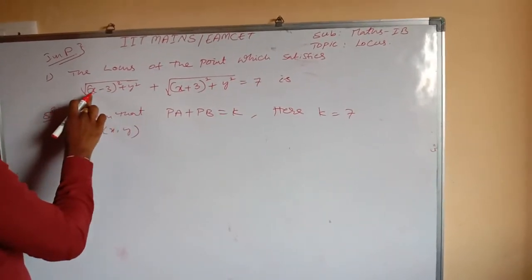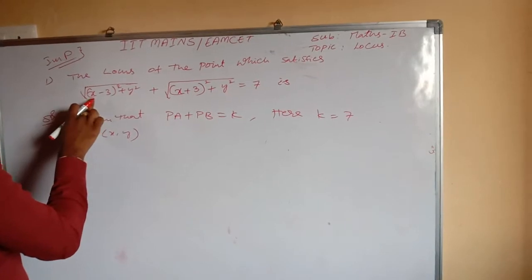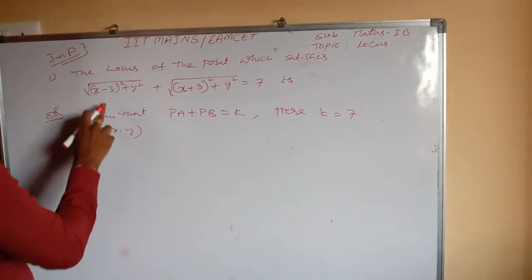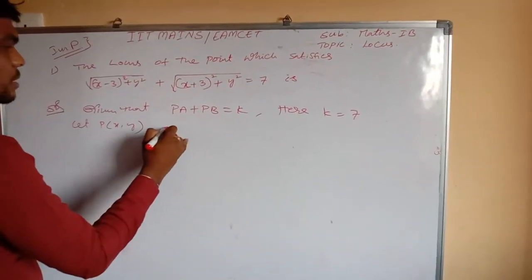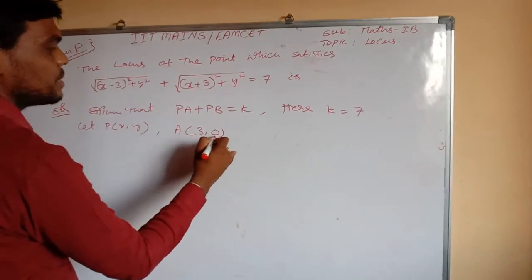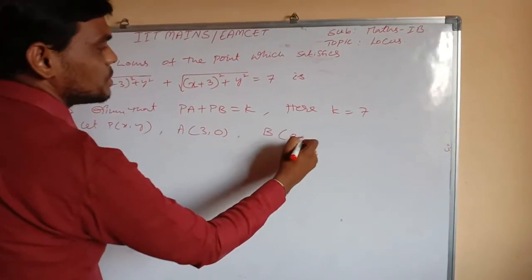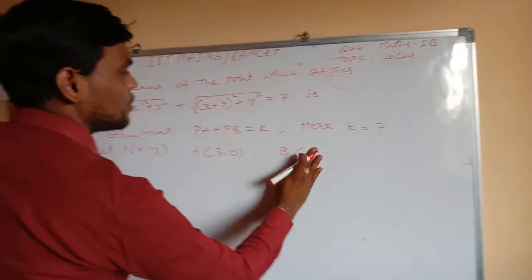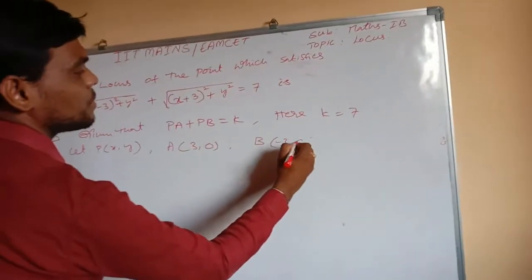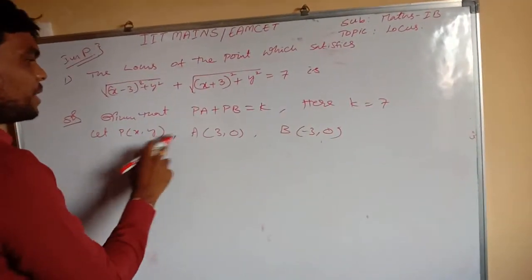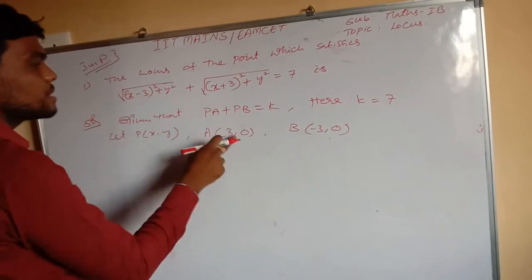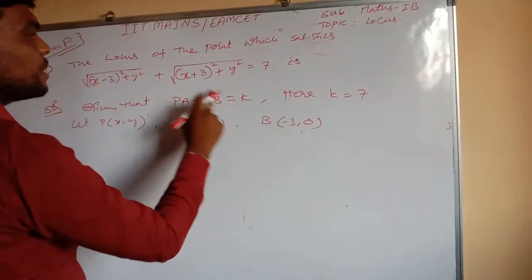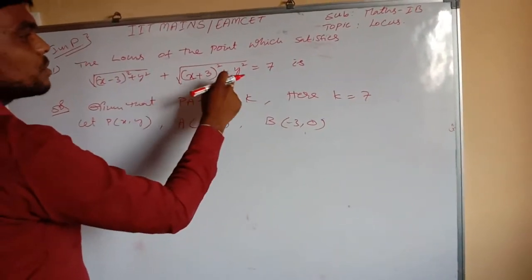Now we observe the distance between PA. P is the point (x, y). Here A is (3, 0) and B is (-3, 0). Now the distance PA is root of (x minus 3) whole square plus y square, and the distance PB is root of (x plus 3) whole square plus y square.